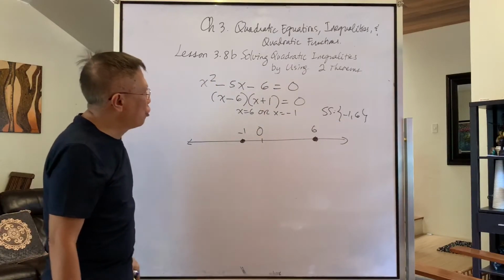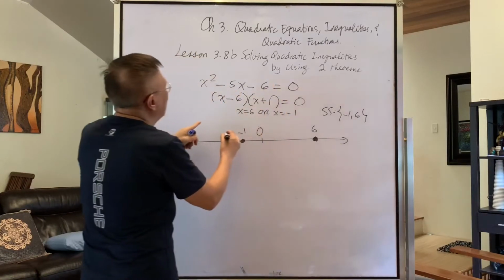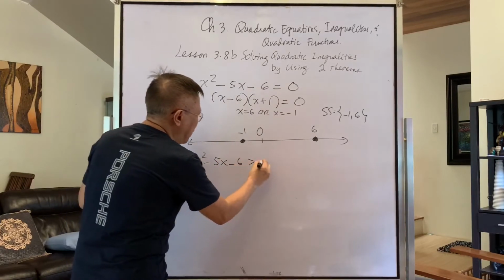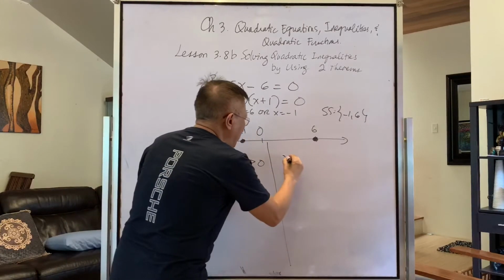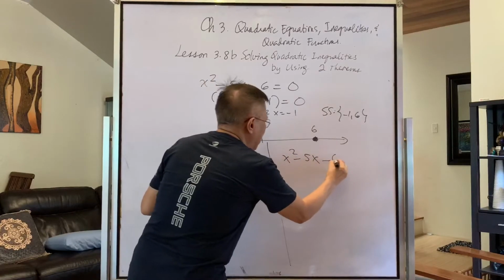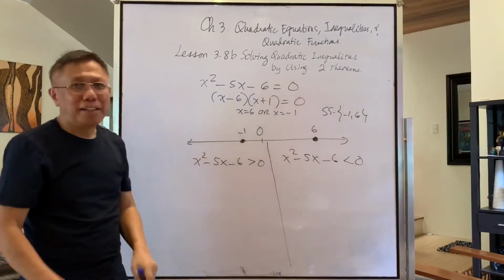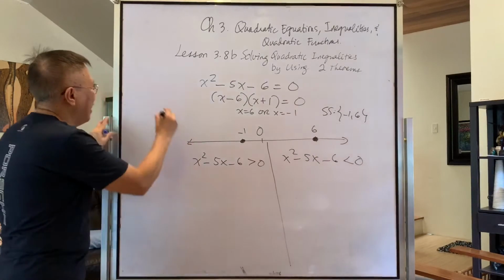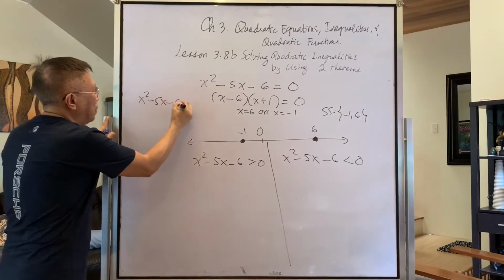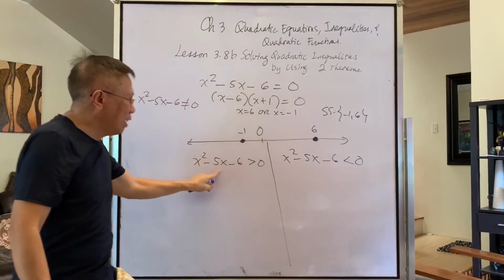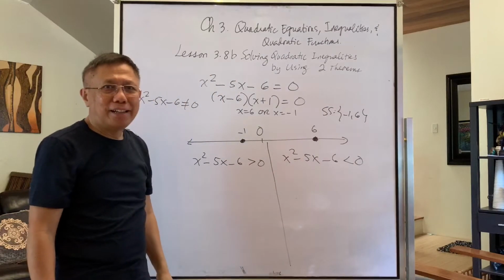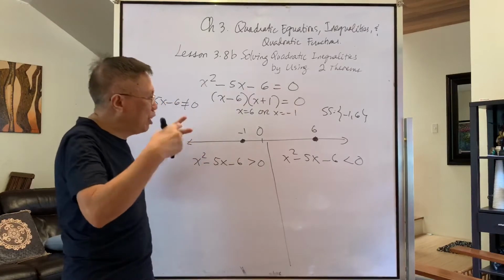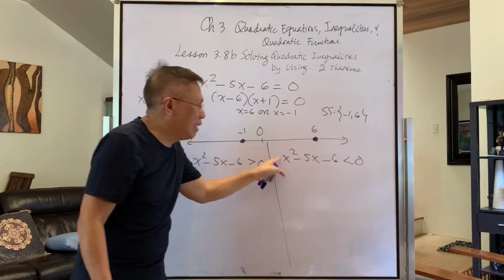Okay, now, suppose I want us to consider x squared minus 5x minus 6 greater than 0. And here, I want to consider x squared minus 5x minus 6 less than 0. By the sense of saying that the inequality x squared minus 5x minus 6 can be either this one or this one, when we find the solution set of this one here, then we already know the solution set of this.